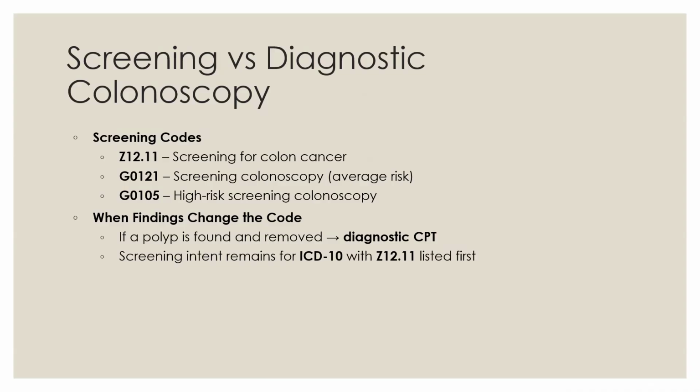If a polyp is found and removed, it would be a diagnostic CPT code. Screening intent remains for the ICD-10 with the Z12.11 listed first. Even if it's a screening and a polyp was removed, your first initial diagnosis would be the Z12.11.